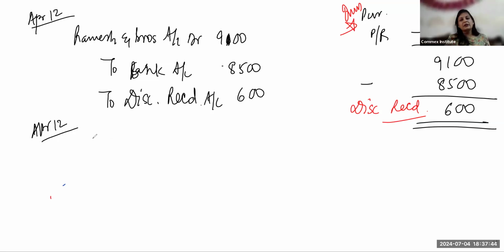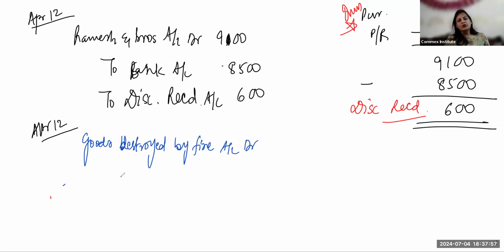goods destroyed by fire. So it will be goods destroyed by fire account debit, to purchases. Purchases will be credited with amount 5,000.